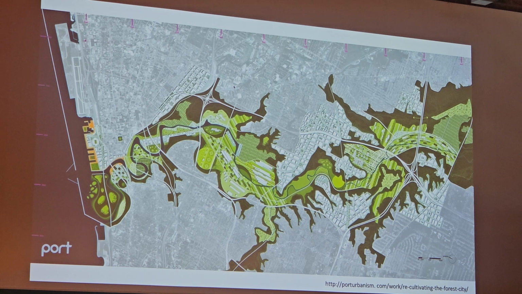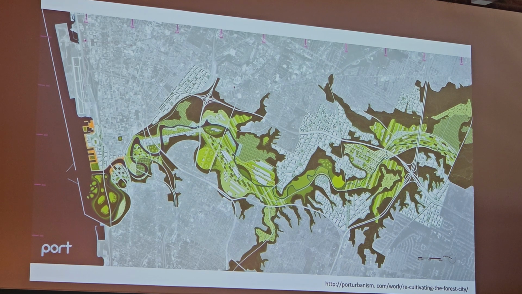Midwest. And basically, as you'll see, they work along a river, and they create different forest and agroforestry systems along the river, and each different system supports a slightly different kind of urban structure.